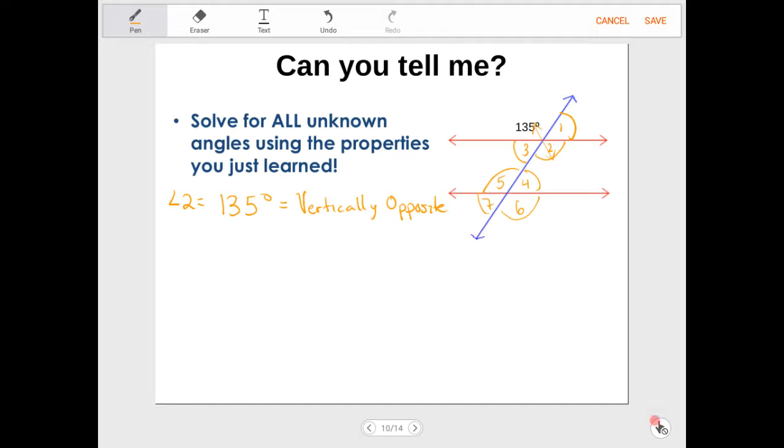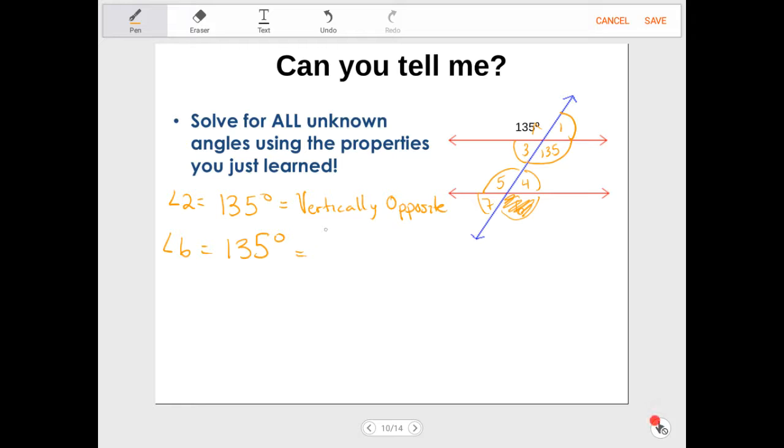I'm going to go for number 6. I'm going to put in that this is 135. Number 6, we can use the alternate... it's 135 degrees.